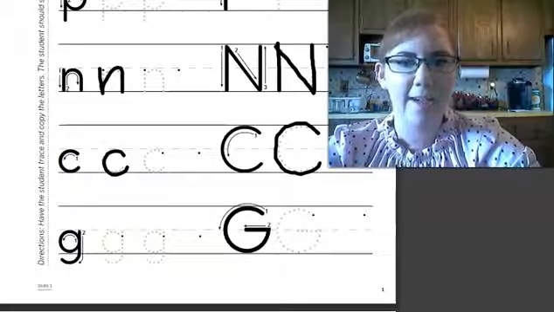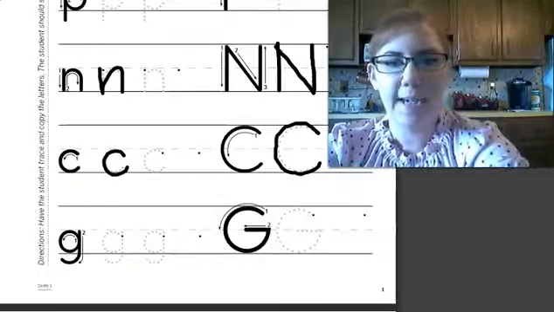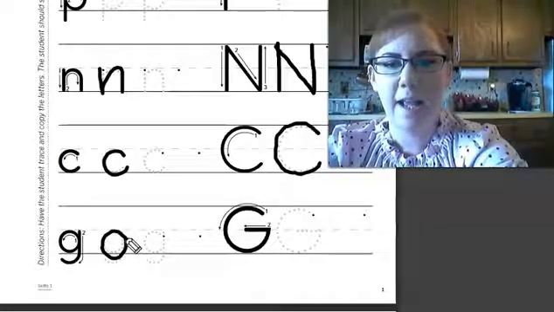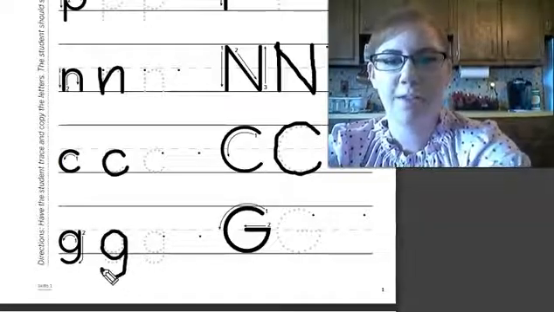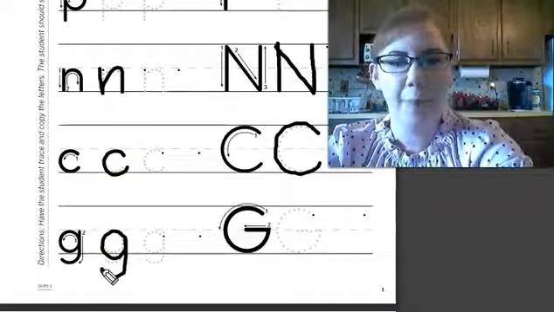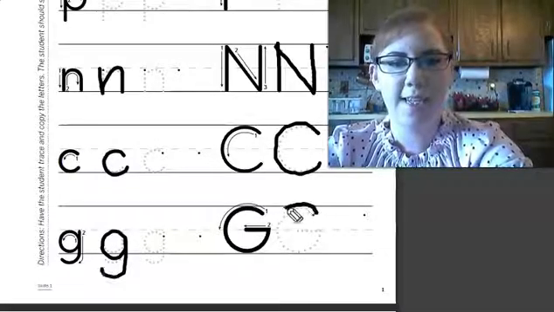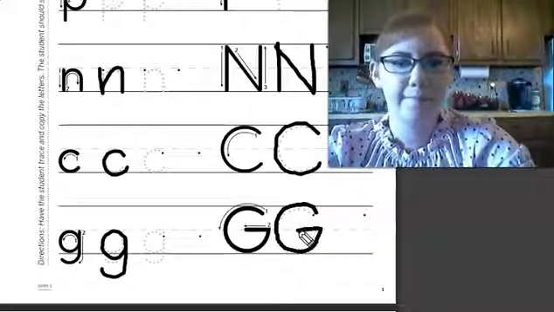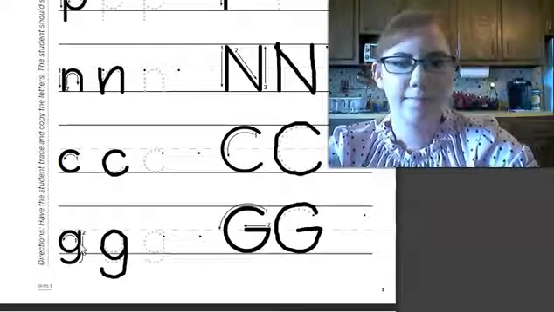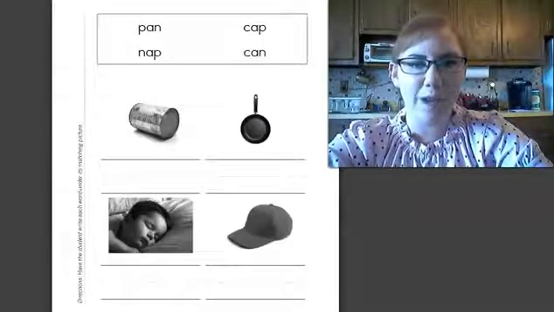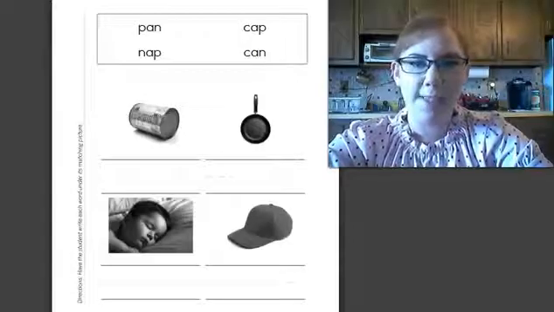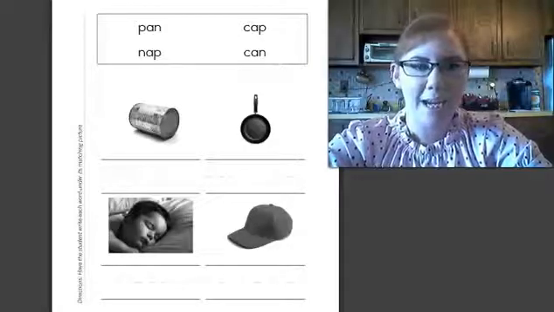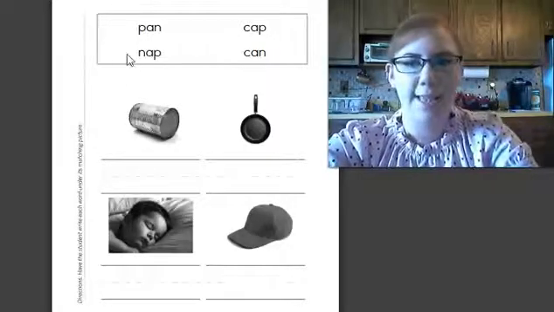Last we have G. For G, you draw a circle to the left below that dotted line and then a fish hook that goes below the line. For the capital, you're going to draw what looks like a C again and then a short line in. For this next page, you have to read the words and find the picture they belong to. Say each sound to read the word, just like this.